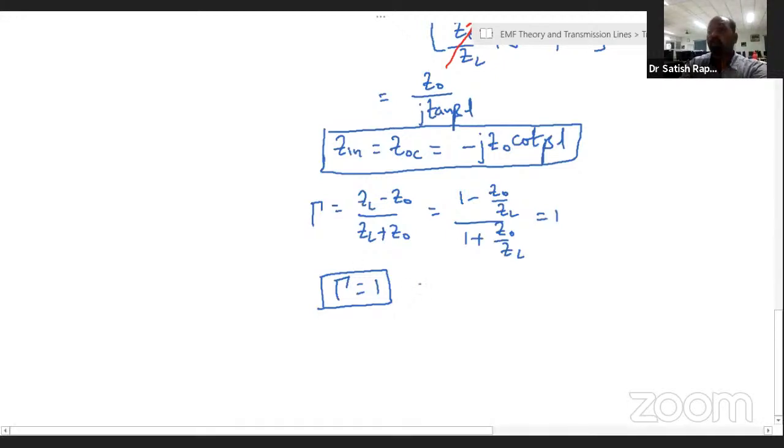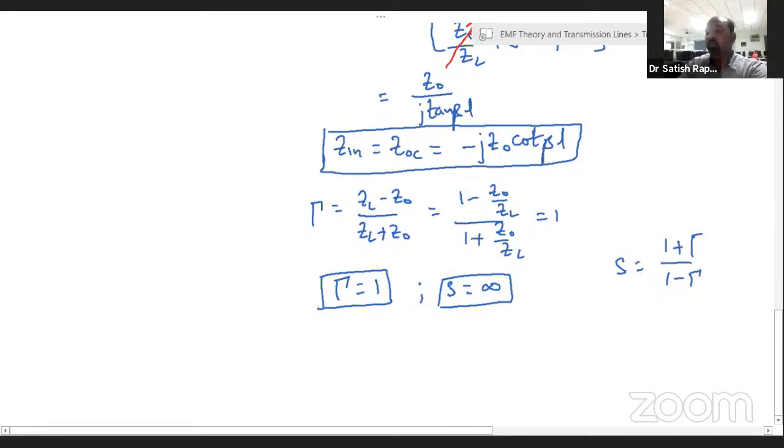And similarly, the voltage standing wave ratio S, here it is infinite. Because S is equal to (1 plus capital gamma) divided by (1 minus capital gamma), the denominator is 0.